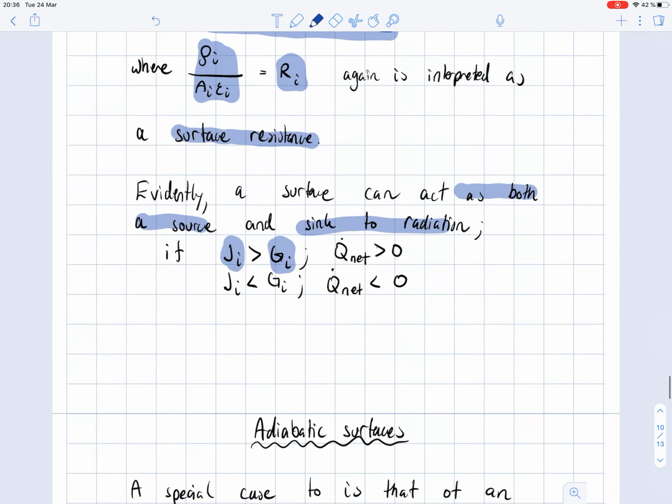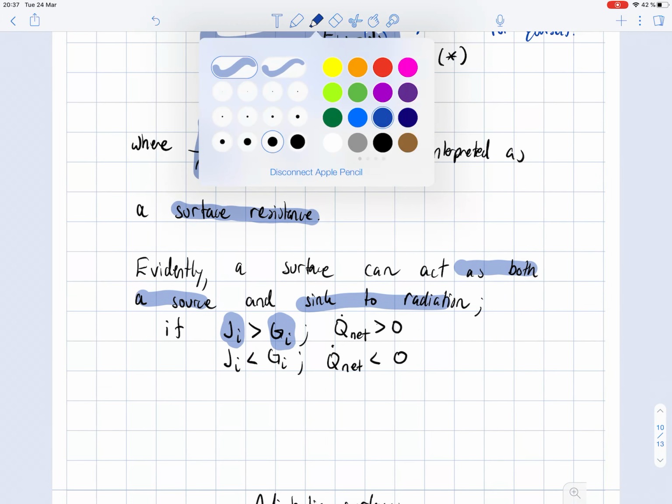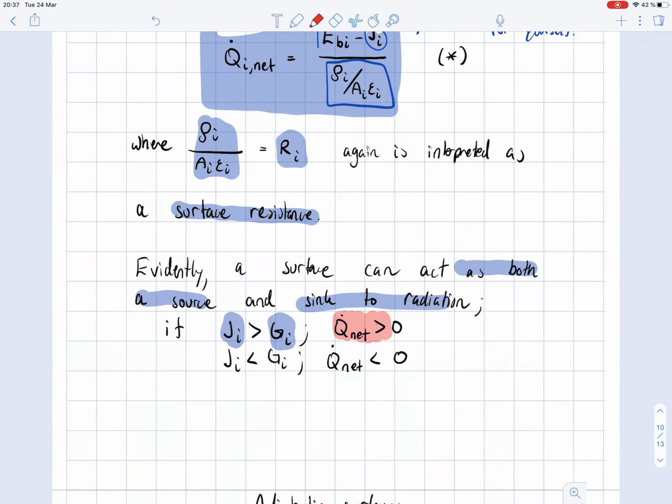This can only be possible if we have a positive heat flow to the surface. So this is a source of radiation to the system. The opposite, if Ji is smaller than Gi, then we have a sink for radiation. So this would typically be your cold environment, and this may be a hot metal surface, for example, generating a lot of radiation, which is then lost to the environment.